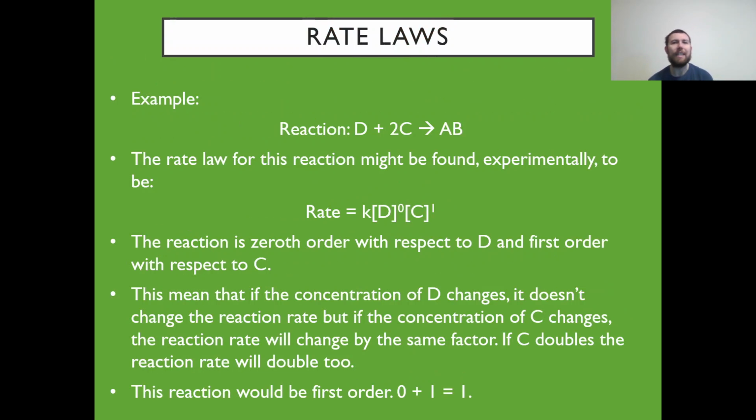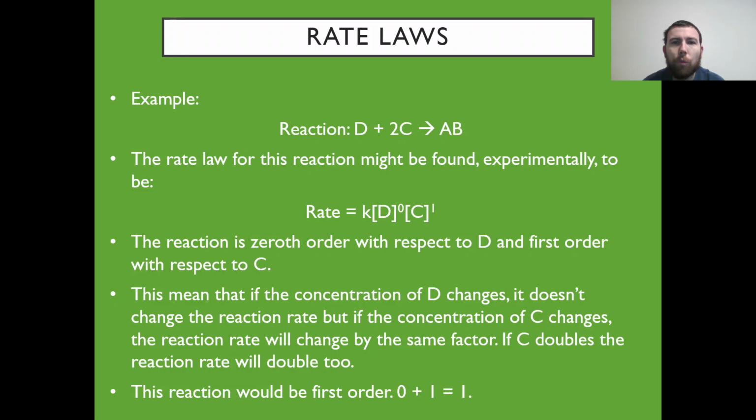Now let's take a look at an example. So we've got the reaction D plus 2C yields AB. Now, in order to determine rate laws, it's important for us to recognize that it has to be determined experimentally. Okay, so experimental data is what is used to determine the rate law or the rate expression.